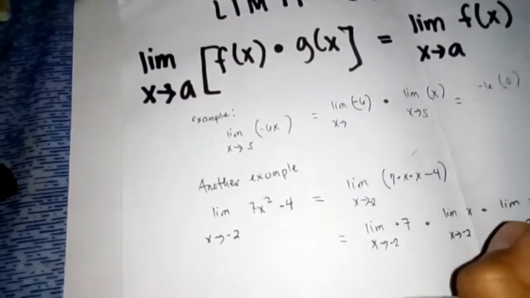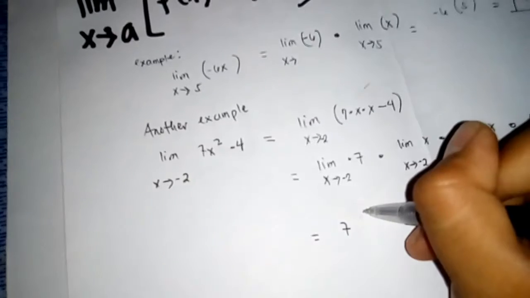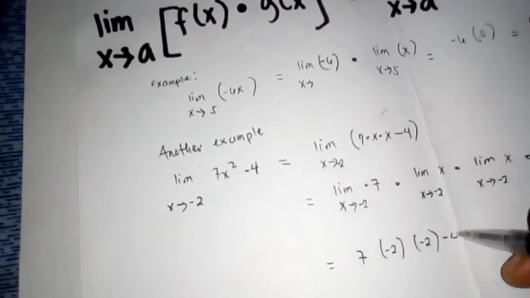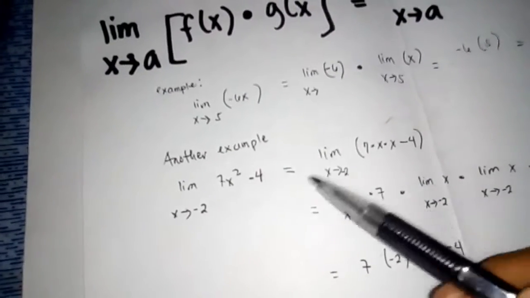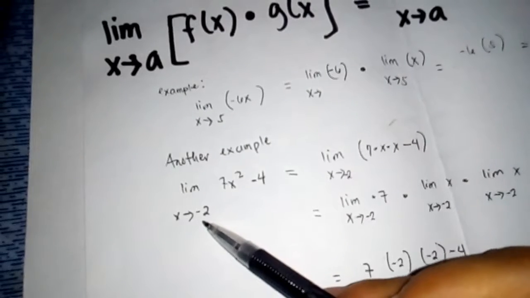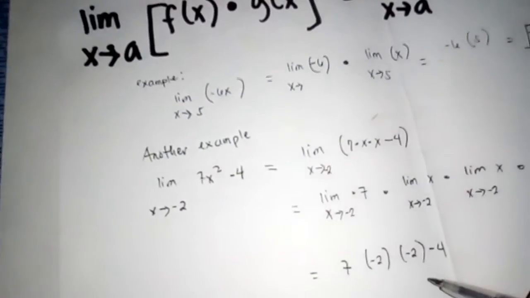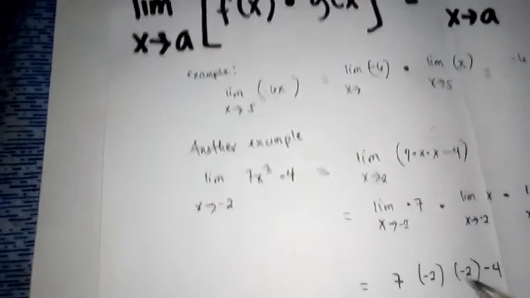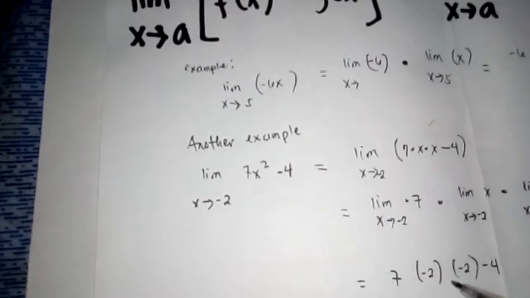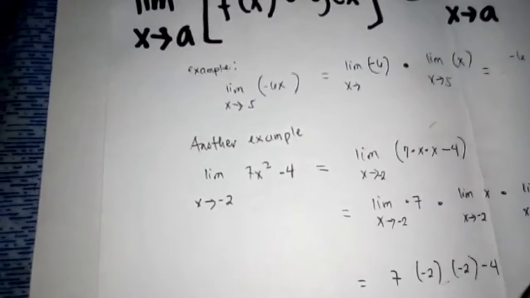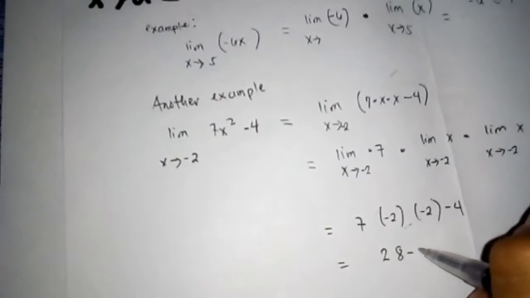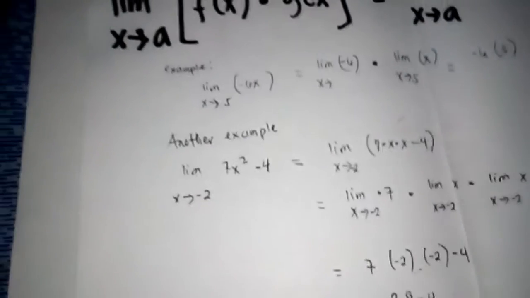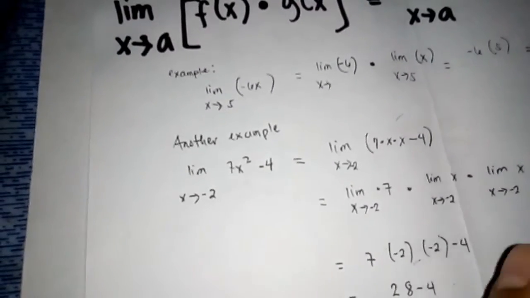Therefore, 7 times negative 2 times negative 2, minus 4, because we substitute x, which is negative 2. So 7 times 4 is 28, minus 4 is equal to 24. So 24 is the answer.